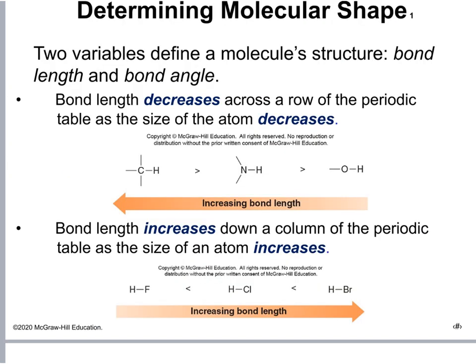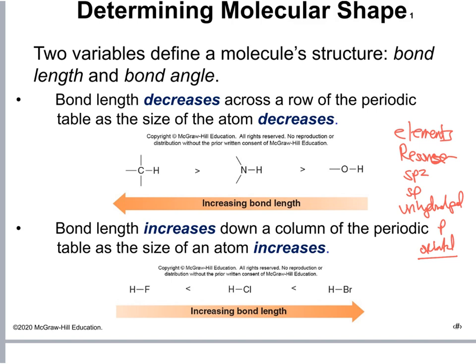Another thing before we go on is the only elements that can participate in resonance are your sp2 and sp. You have to have an unhybridized p orbital to participate in resonance. So let's go back here.